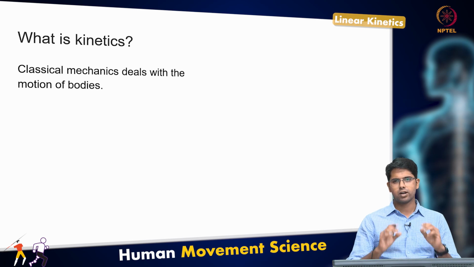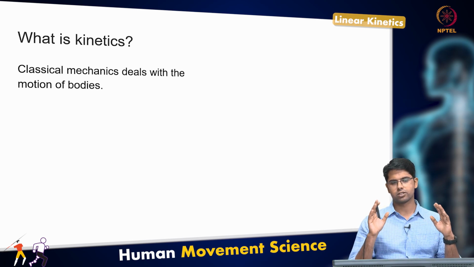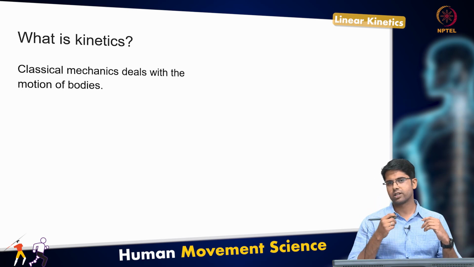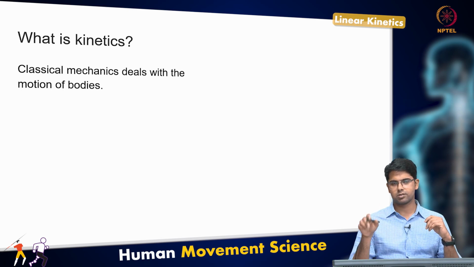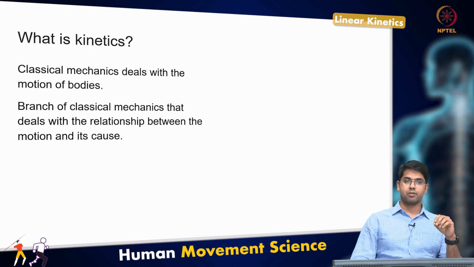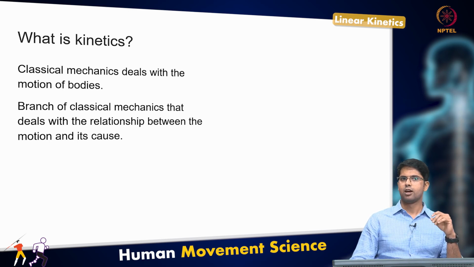Kinematics deals purely with motion. It does not care what is the cause of the motion, what are the forces acting on the system, what are the accelerations. All it cares about is how the body is moving. Kinetics, on the other hand, is the branch of classical mechanics that deals with the relationship between motion and its cause.